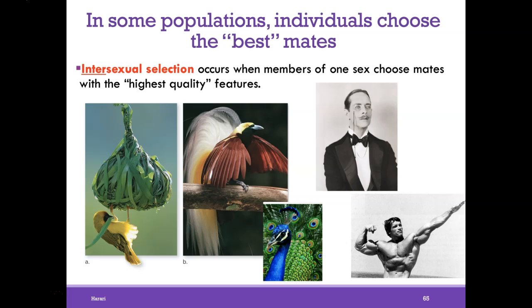So a question arises, why do males usually show the greatest effects of sexual selection? Right? Why is it the male peacock that exhibits these colorful feathers and not the peahen? So in most, but not all, vertebrate species, it is the female that spends a lot more time and energy on taking care of the offspring than do the males.